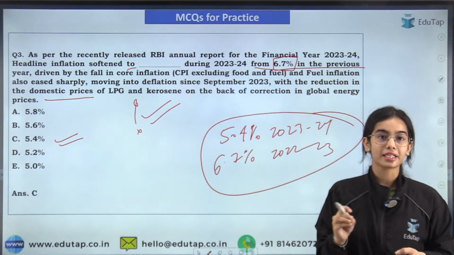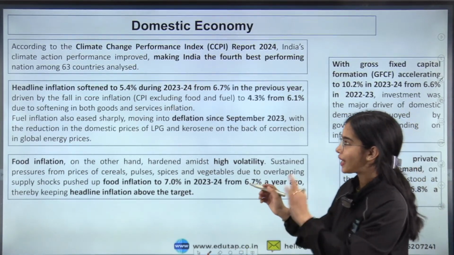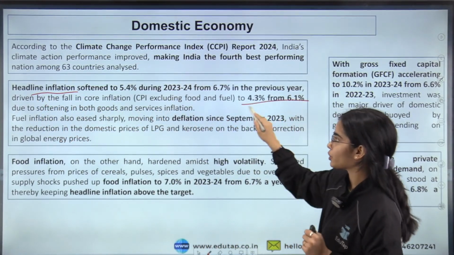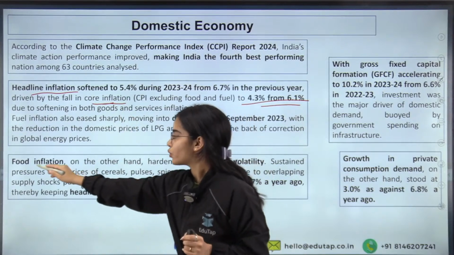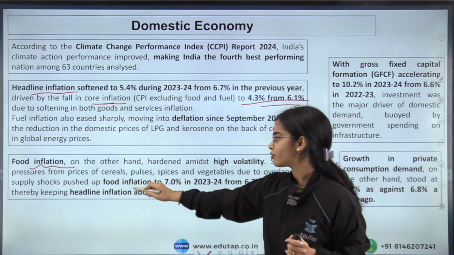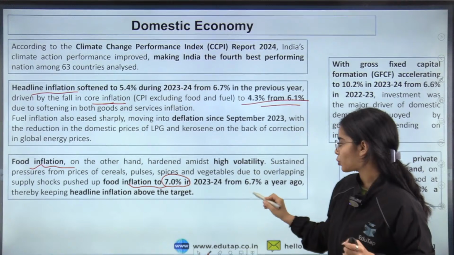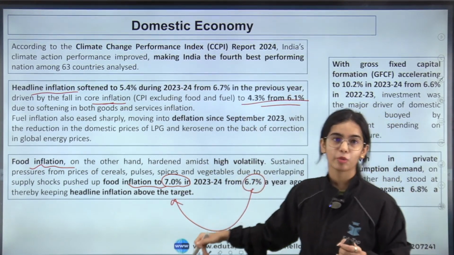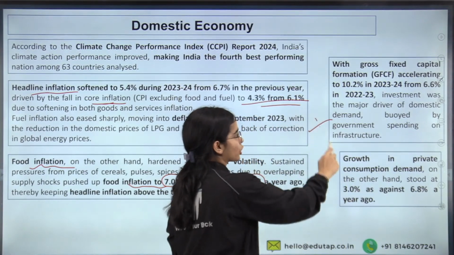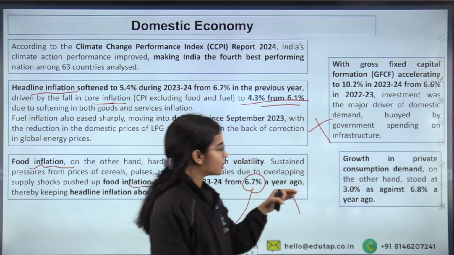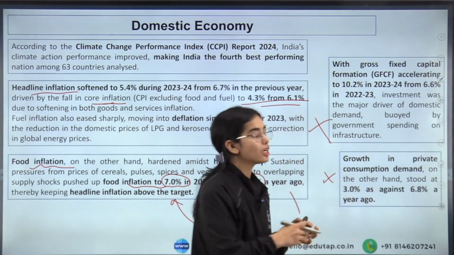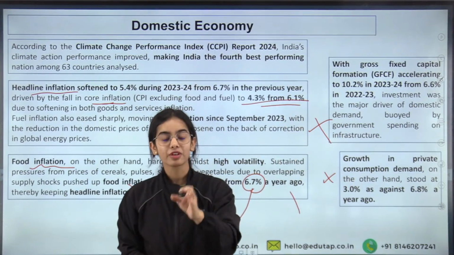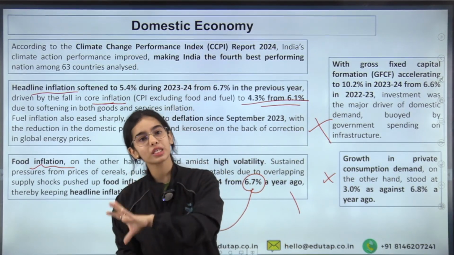So this is the percentage that is important that you have to remember. Headline inflation, this data point you have to remember. The core inflation, this data point also you have to remember. The food inflation, just the basic point, is that food inflation has increased from 6.7% to 7.0%. So these are the three data points that are important here. The gross fixed capital formation and private consumption demand are from the second advance estimates, for which the NSO has given an update in the form of provisional estimates.